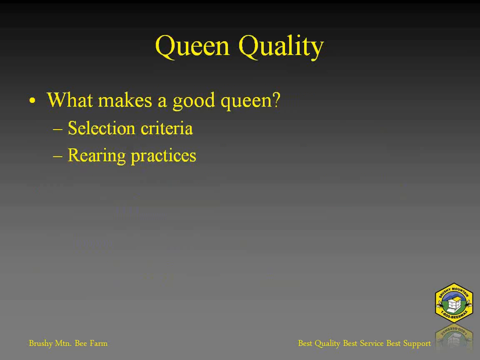So, but first, let's talk about what makes a good queen. Let's talk about queen quality. Because, of course, the quality of the queen will ultimately dictate how successful she is and whether we have problems with her or not. So some things that go into making a good queen, of course, are the selection criteria.